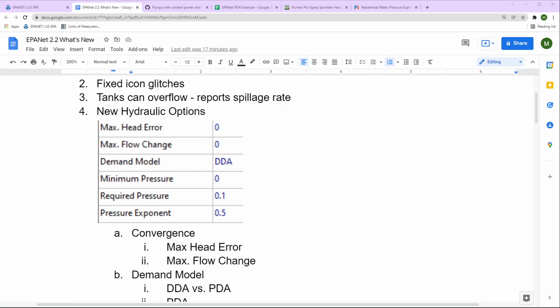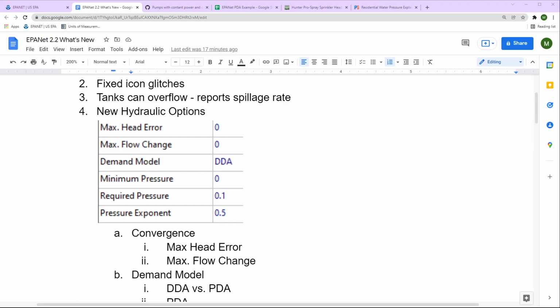And what that meant was the sum of all the flow changes between iterations divided by the sum of all the flows in the whole network had to be less than a certain threshold, usually 0.001, which would be like 0.1% change.